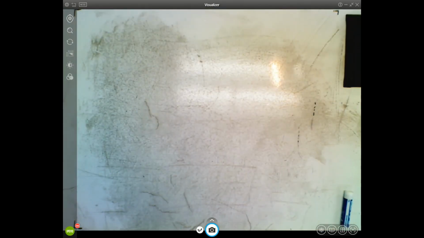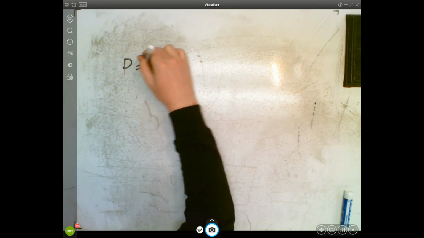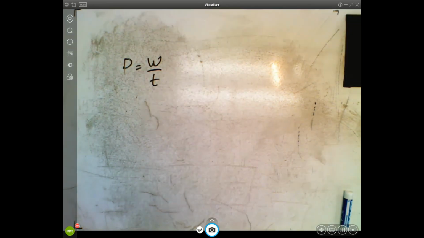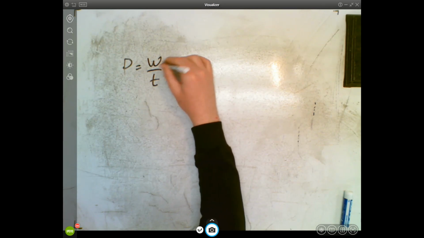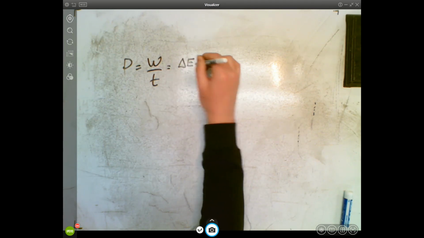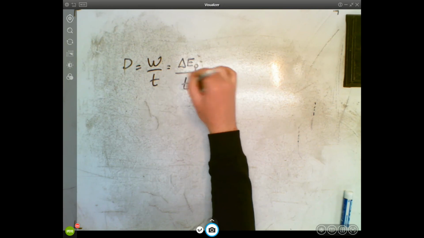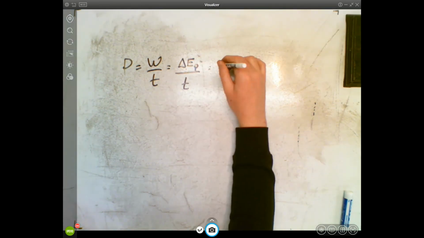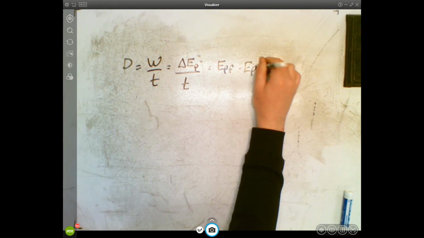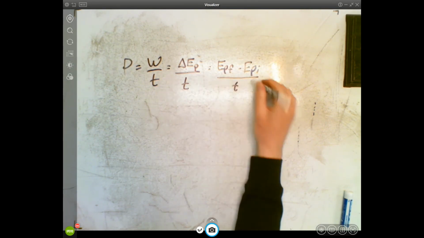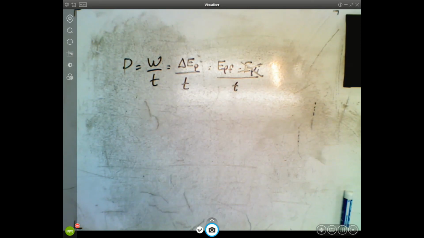So we're going to use power equals work over time, and you have to figure out what type of work she's doing. Work is our change in energy, and she's changing her potential energy. So this is potential energy final minus potential energy initial. And she doesn't have any initial potential energy because she starts at the ground.